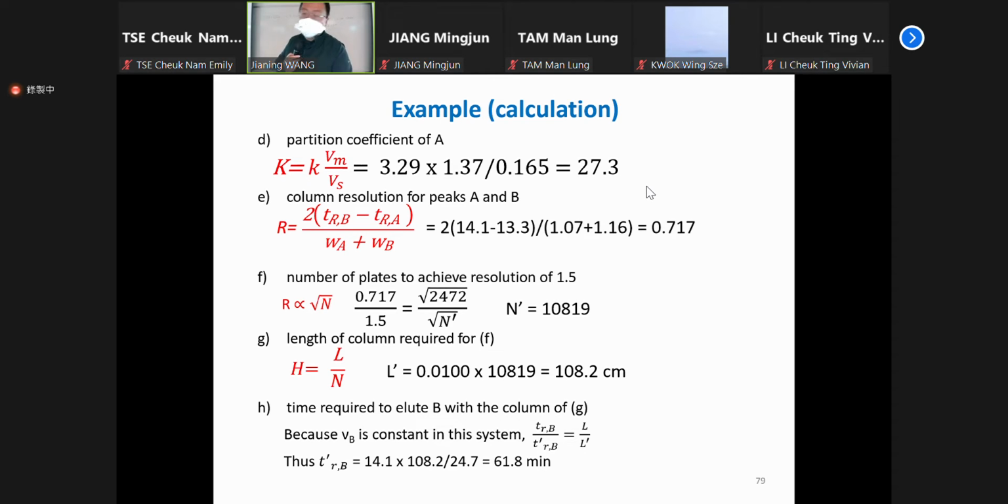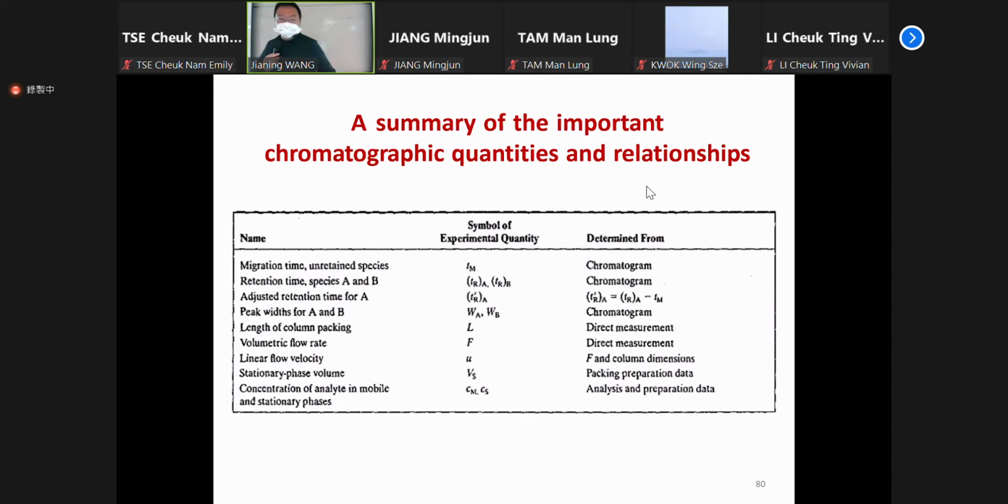Right, so it's easy. And the calculation like this is quite fundamental, so you should know how to do a question like this, and there are calculation questions in the exam, so you should be acquainted with all the equations and know the concept of these symbols.